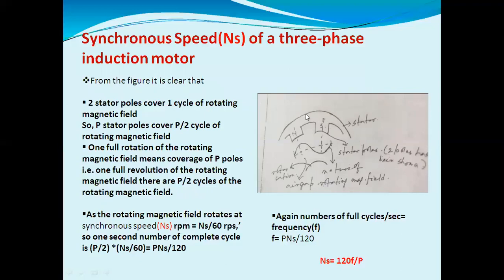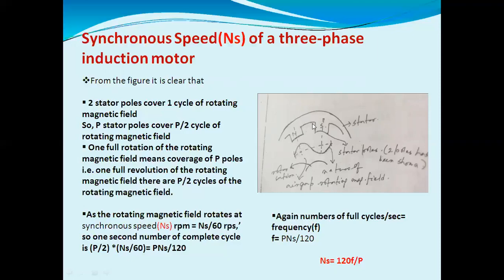So here the two poles are shown, and from the figure it is clear that two stator poles cover one cycle of the rotating magnetic field. One complete cycle is covered by two poles.